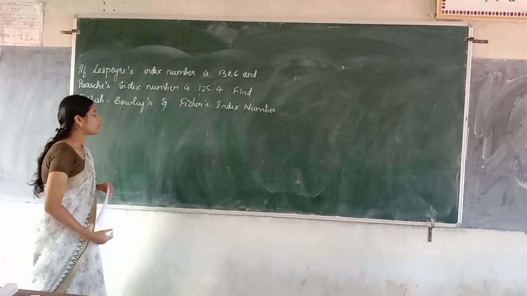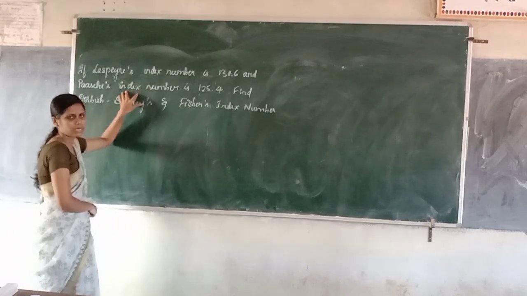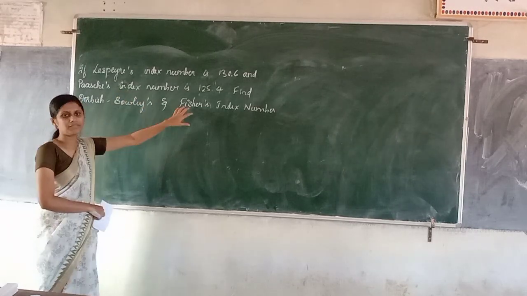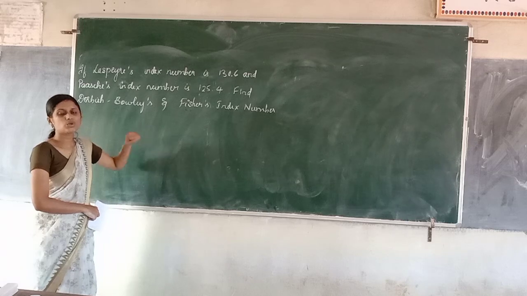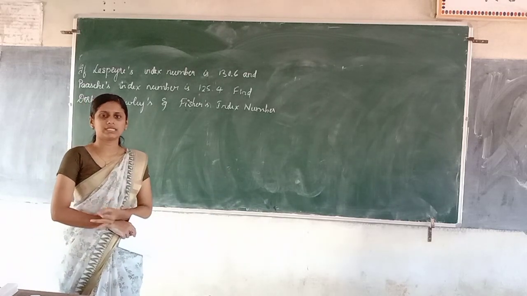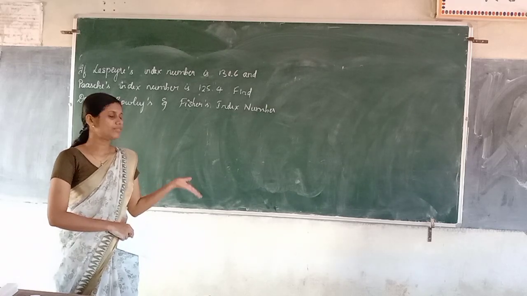We are provided with the information of last year's price index number and past year's price index number, and we have to calculate Dorbish-Bowley and Fisher's index number. So you know that if last year's and past year's price index numbers are given, we can easily calculate Dorbish-Bowley and Fisher's index number.